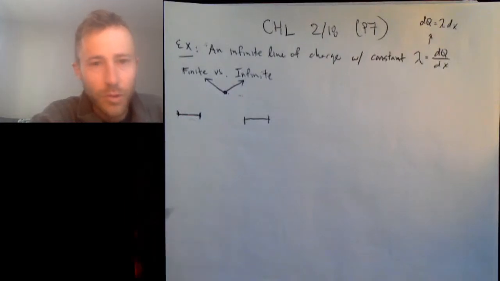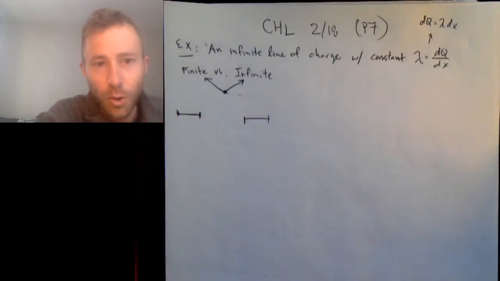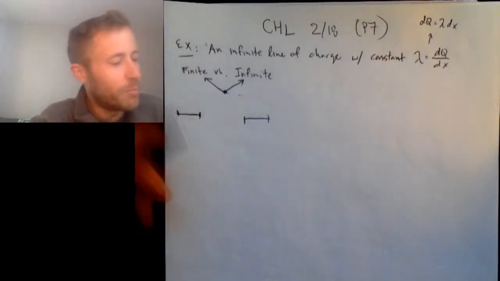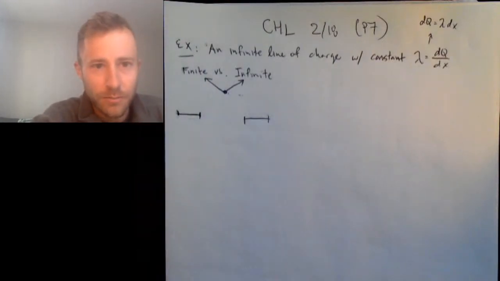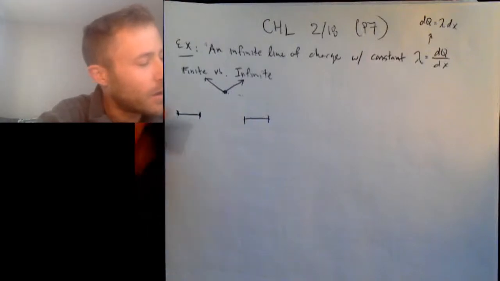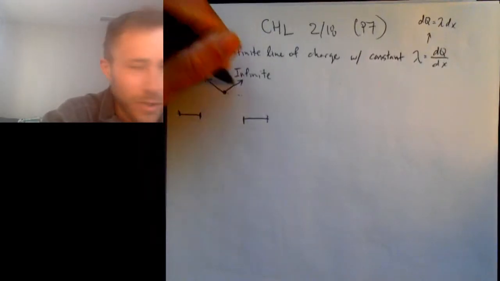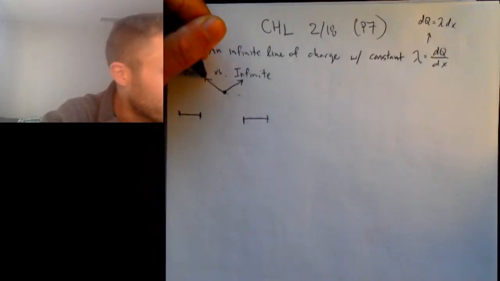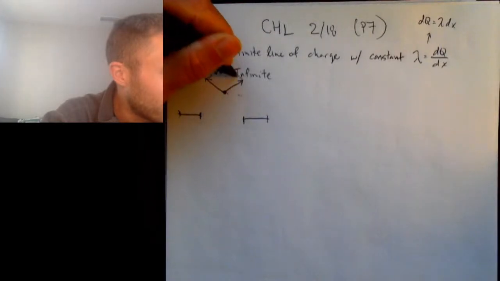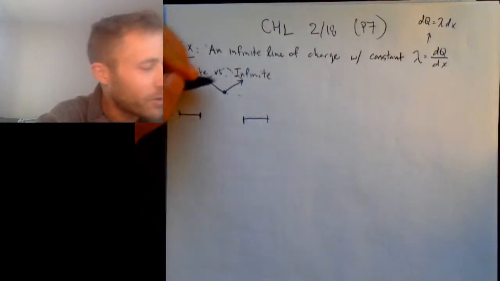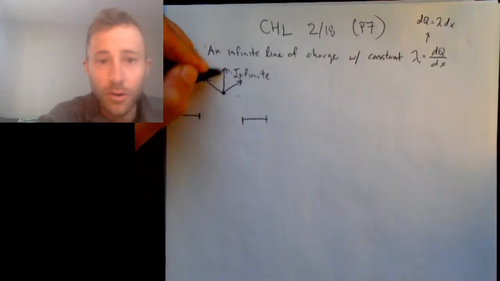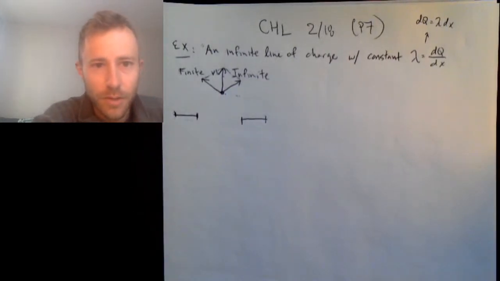So what's going to happen if we find the total electric field due to both of these pieces? We have to add these 2 vectors, and when we add them together, we can see that the horizontal parts cancel out, and we just get a vertical electric field.